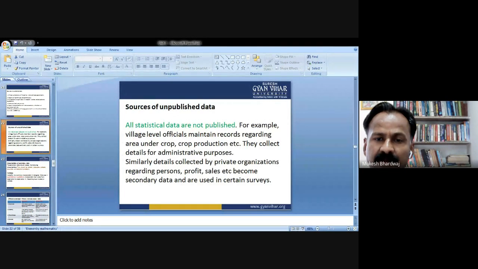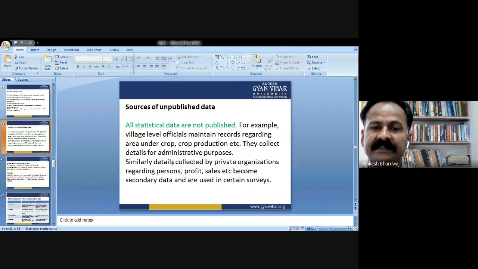Sources of unpublished data. Some data are recorded or kept in ledgers, but they are not published. If you see, all statistical data are not published, for example, at the village level, officials maintain records regarding area under crop production, etc. They collect details for administrative purposes.